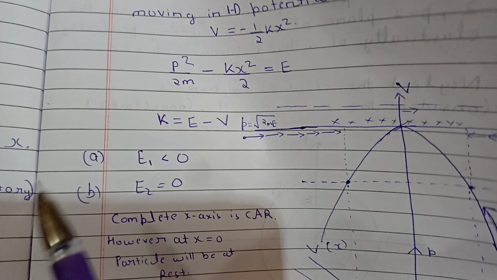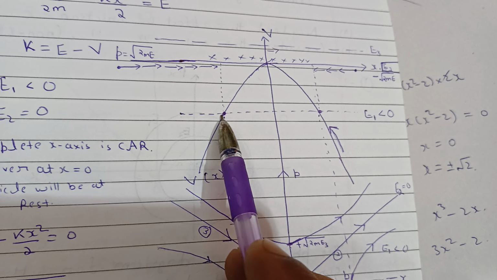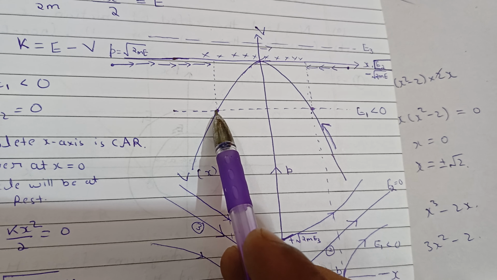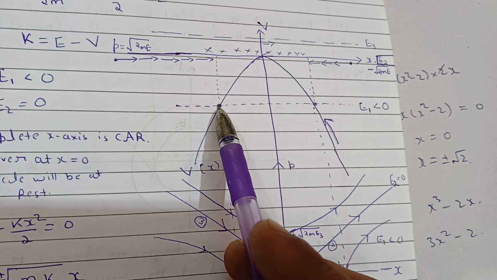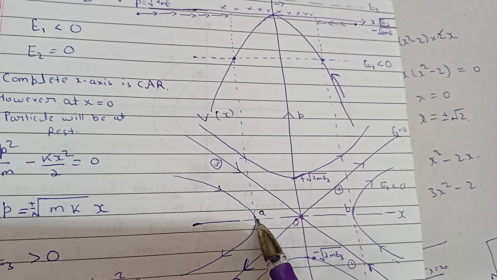When it is going in the plus x direction, the momentum will be in this direction. So this momentum is decreasing when it is going like this because of increasing potential energy. And at this point, when it came here, the total energy will be equal to the potential energy, the kinetic energy will turn out to be 0, and our momentum will be 0. So this graph will go like this up to here.